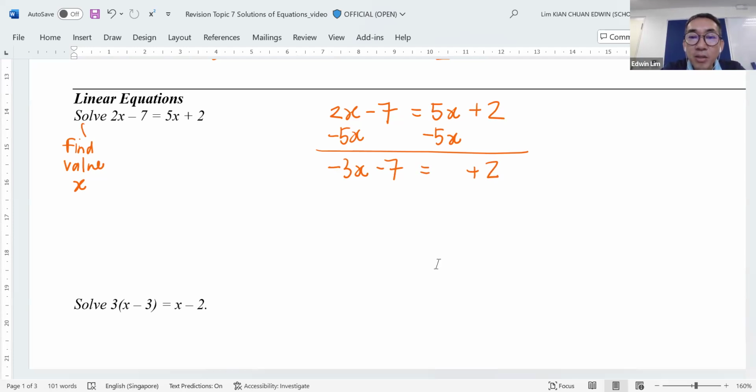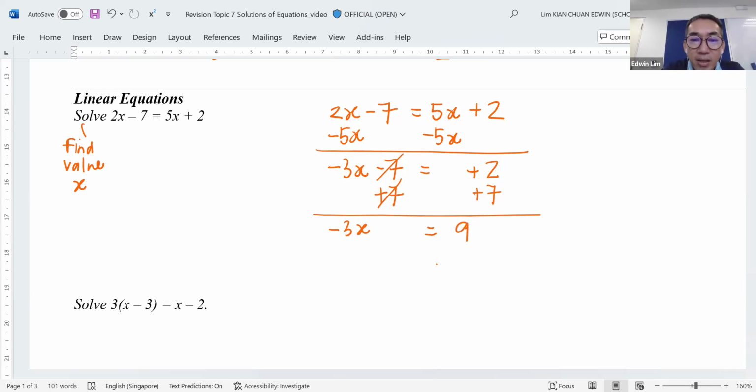The next item that I need to remove is negative 7. Negative 7, how do I remove it? Do I minus 7 or do I plus 7? I will plus 7 so that it will be gone. So I plus 7 here as well. So can you see, negative 3x equals 2 plus 7 equals 9.